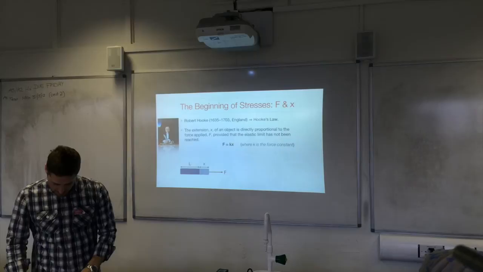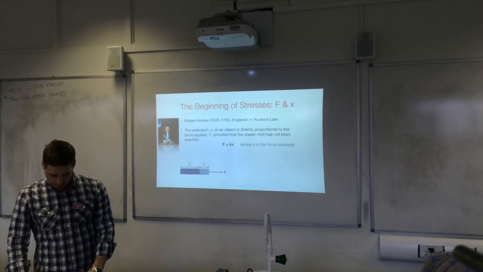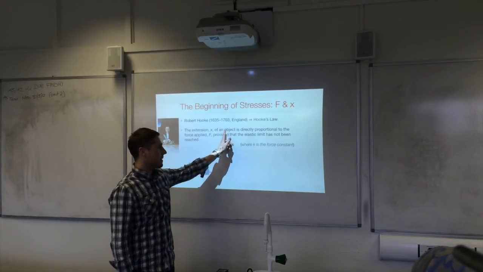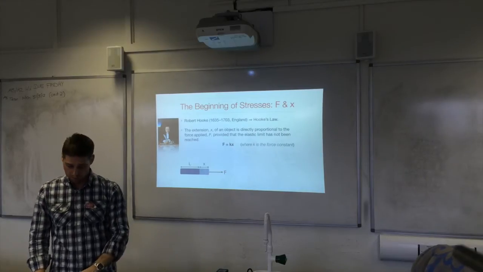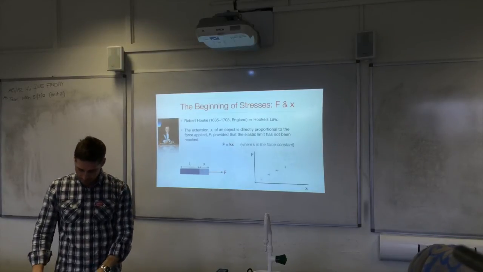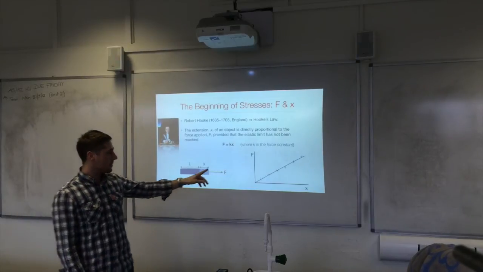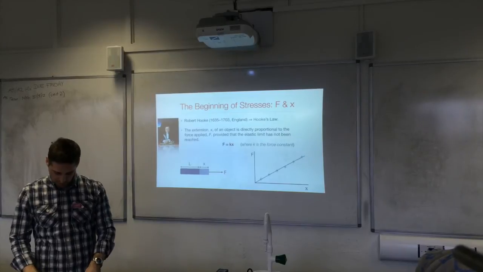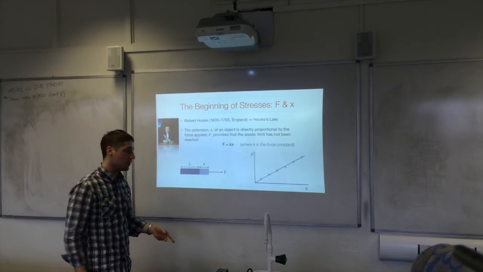If you plot F against x, then you'll get a straight line through the origin, because the law is that x is directly proportional to F. The gradient of this line here, with the axes plotted like this, is equal to the force constant. And the force constant indicates the stiffness of the material.